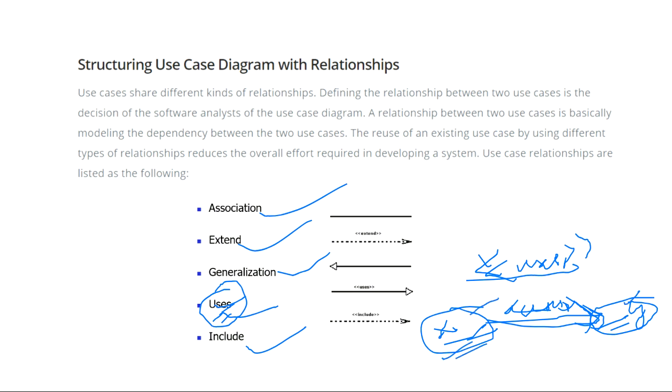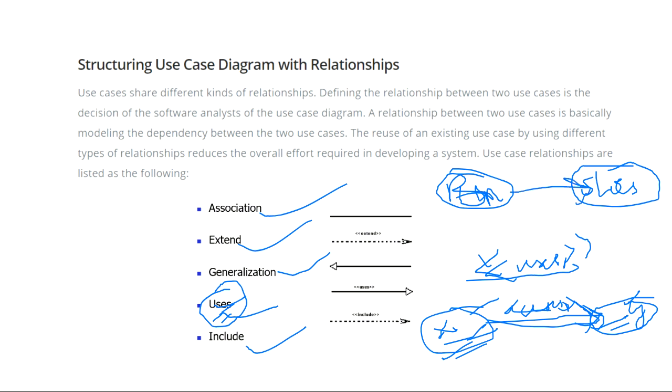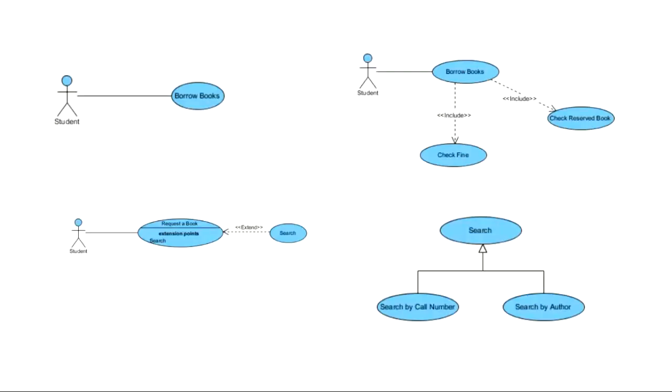For example, there is a use case run, and there is another use case, say shoes. If this run use case is using this shoes, this means that to run you need shoes. Just simple, the meaning of the English word uses. We will see this at the very last.